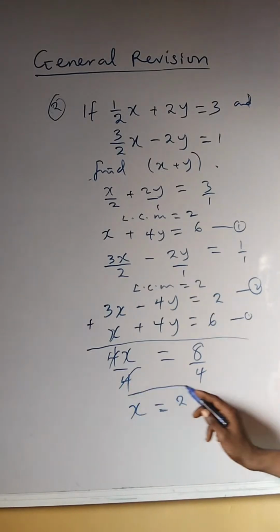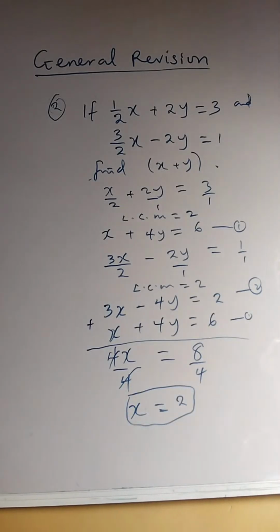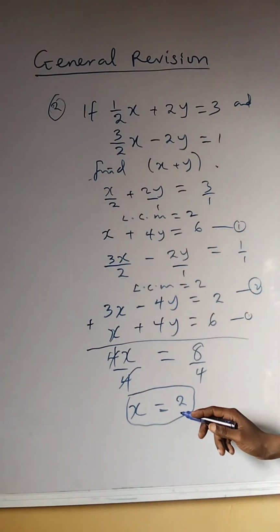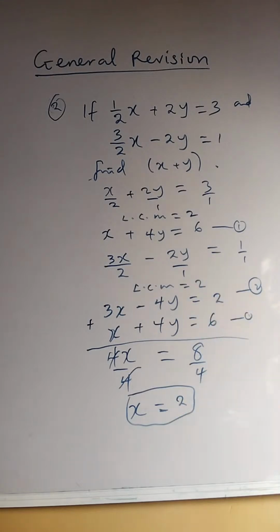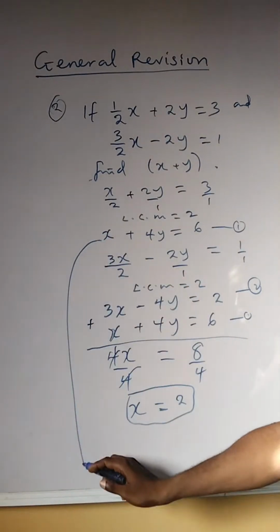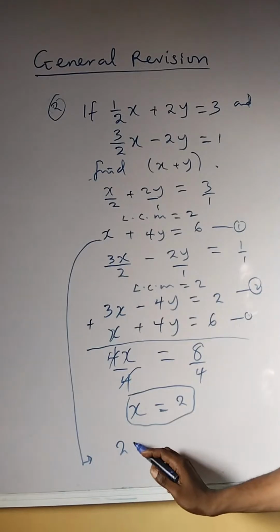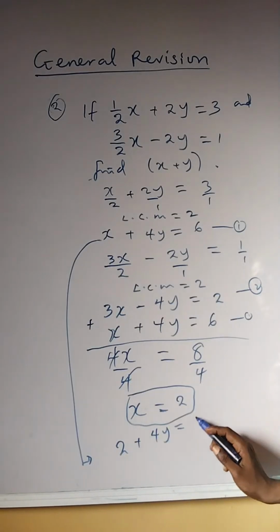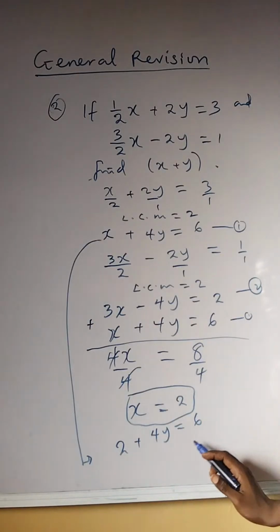So x is 2, then we get y. We can use equation 1 or equation 2 here. Let's make use of equation 1, it's easier. Just substitute x equals 2 and you get your y. So if x equals 2, this equation can now be written as 2 plus 4y equals 6. Take 2 to the other side, it becomes minus.